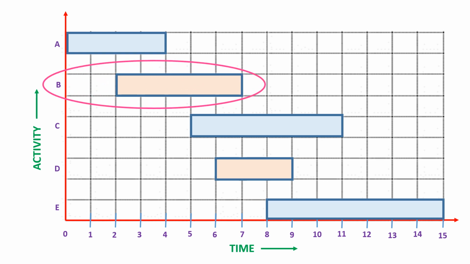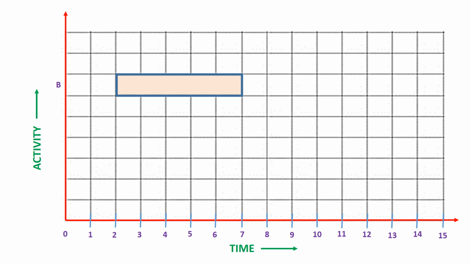Now we will consider only activity B. The start of the box represents the beginning of the activity. So activity B is starting at time t equal to 2.